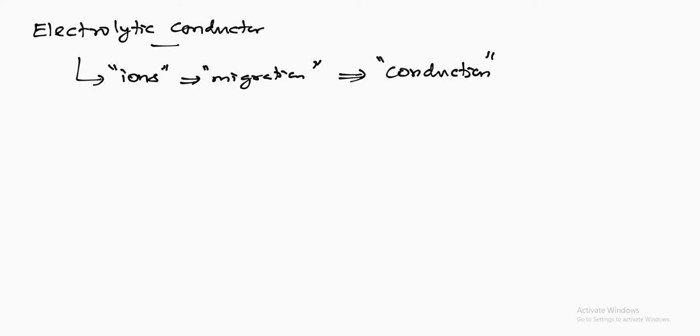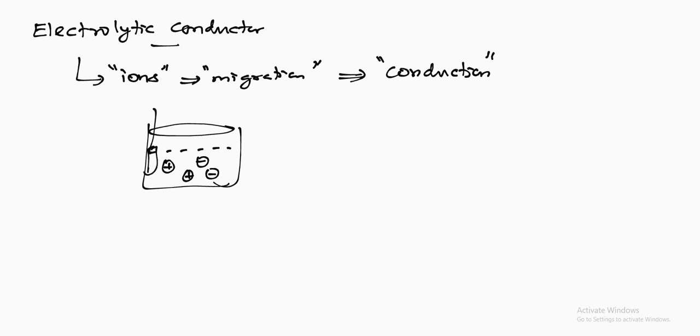So when you increase temperature, what will happen, students? See, suppose I take some solution, and in this I have ions, positive ion, negative ion, etc. If I immerse two electrodes, one positive electrode, one negative electrode, and if I pass current, what will happen here? Students, observe carefully.